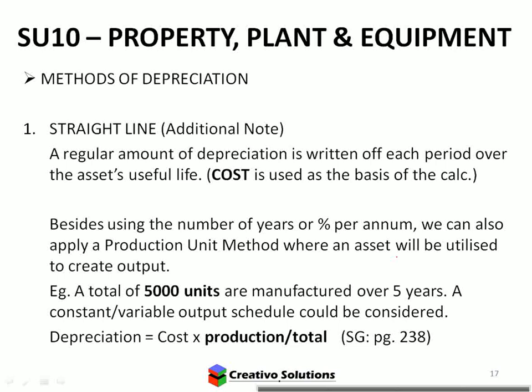Sometimes you could be given other methods for depreciating an asset. Okay, this method is looking at the number of units produced. This is not important, it's just additional. Depreciation, remember, is how I use the asset. So if I'm using the asset, I'm going to depreciate it.